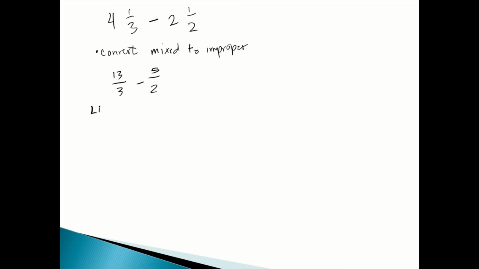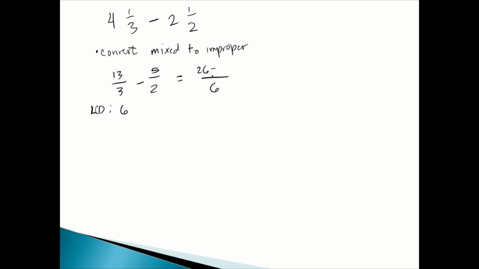Our LCD of 3 and 2 will be 6. So this is equal to 6 divided by 3, that's 2, and 2 times 13, we will get 26.